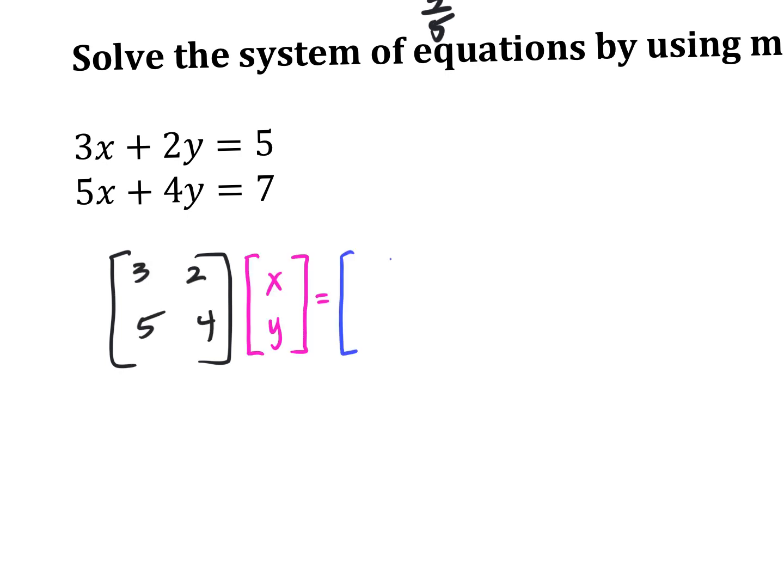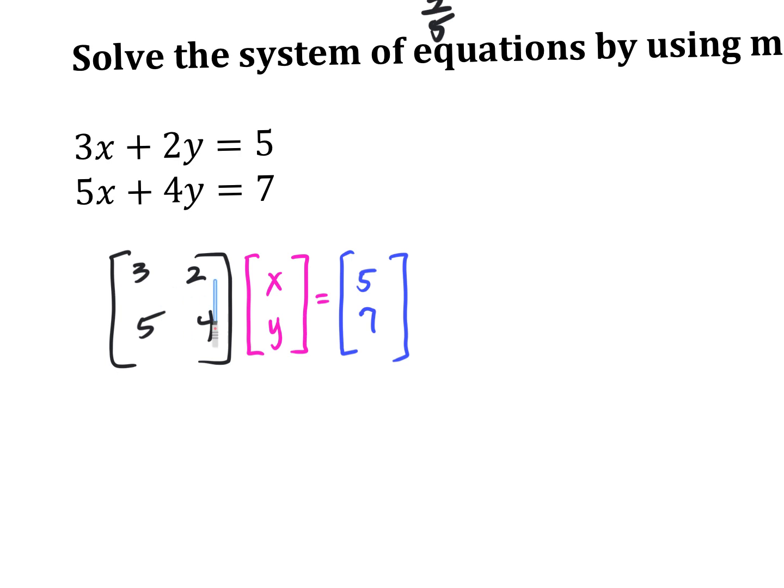The constants are just what it equals right here. This times this gets me 5 and 7. So we've just written our system as a matrix. In order to solve a system of equations with matrices, all you've got to do is multiply this by its inverse.